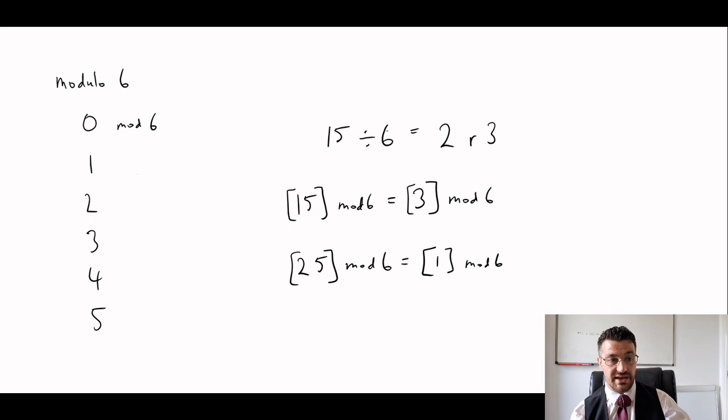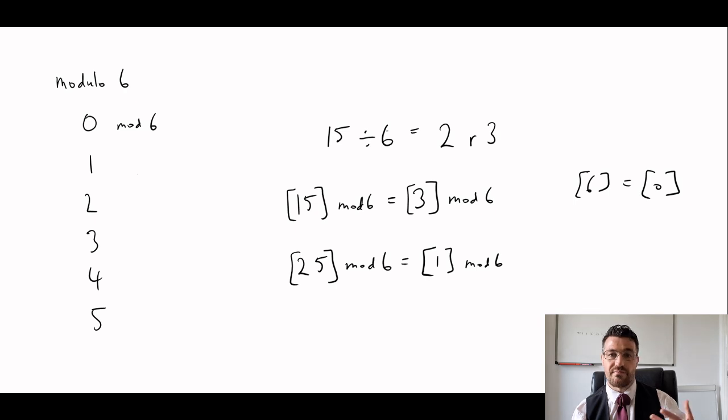That means you can get things like 6 is equal to 0, which might look a little strange. Saying 15 equals 3 is a strange thing to write, but remember, it's 15 modulo 6 is equal to 3 modulo 6. We're not saying that 15 is equal to 3, or that 6 is equal to 0.